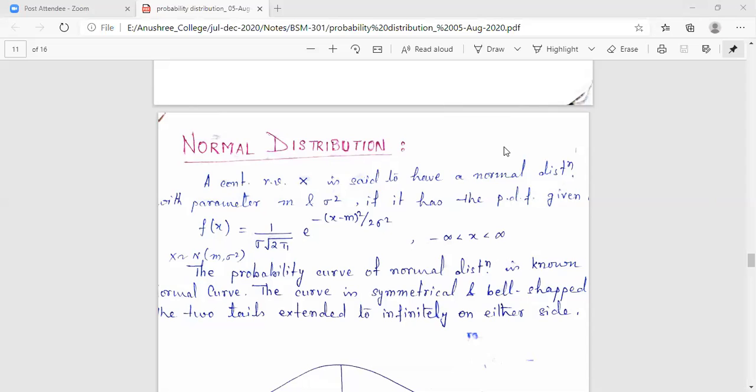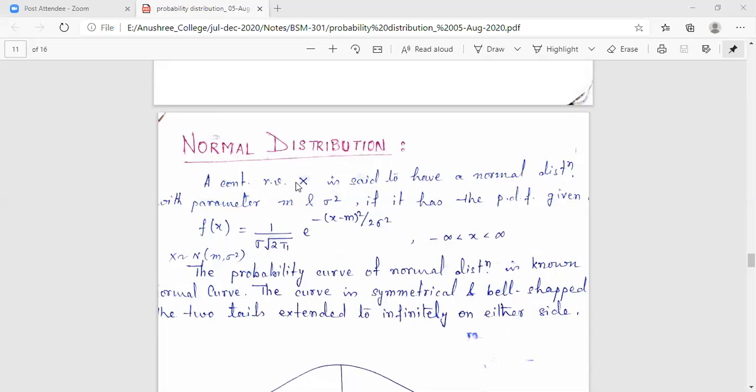For discrete, we have done binomial, Poisson, and multinomial distribution, and now for the continuous random variable we need to cover three theoretical distributions: normal, uniform or rectangular, and exponential distribution. So three distributions are there for continuous random variables also.